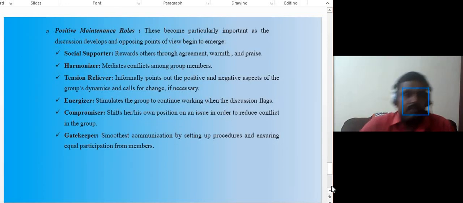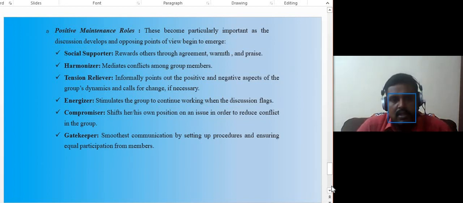And the positive maintenance roles: social supporter, harmonizer, tension reliever, energizer, compromiser, and gatekeeper.